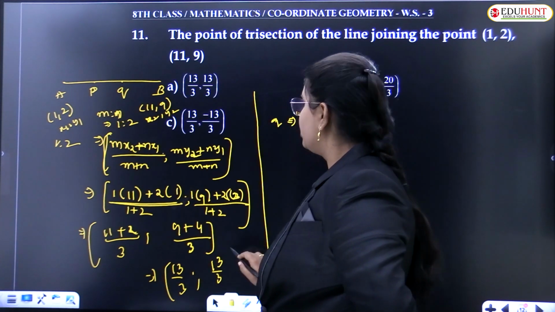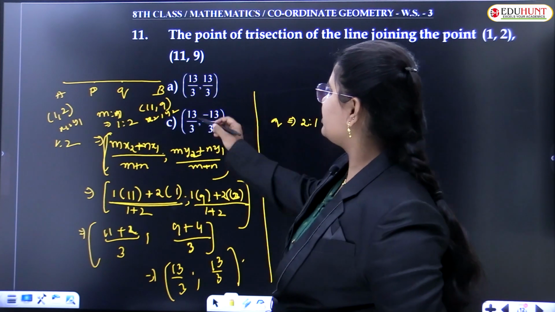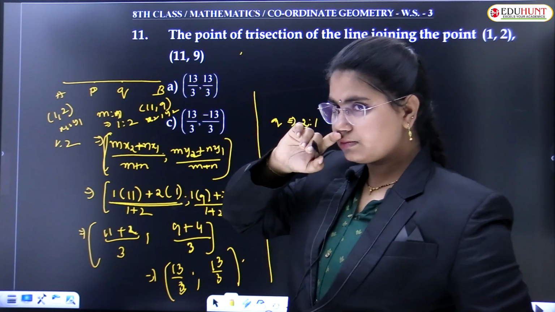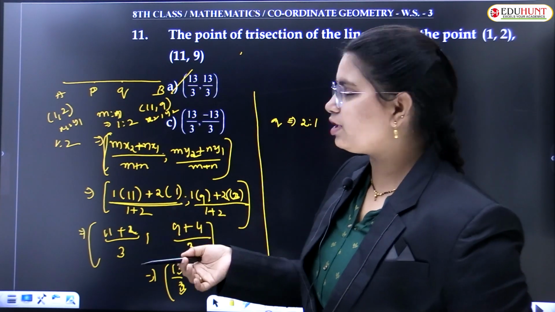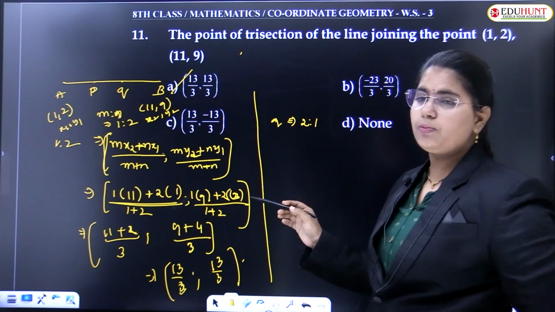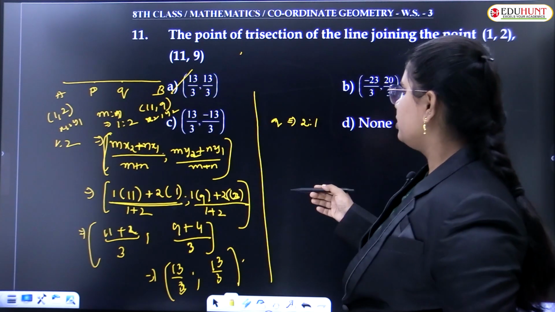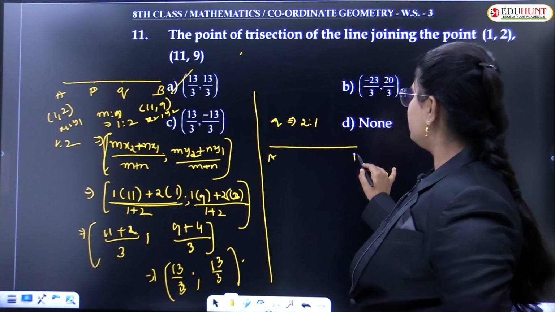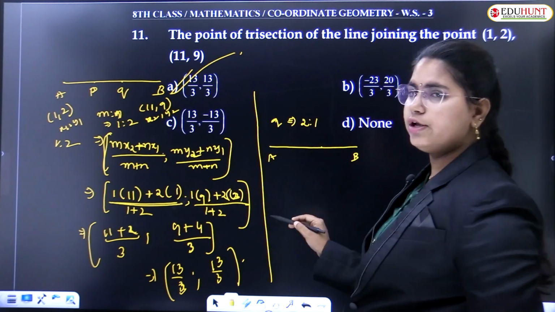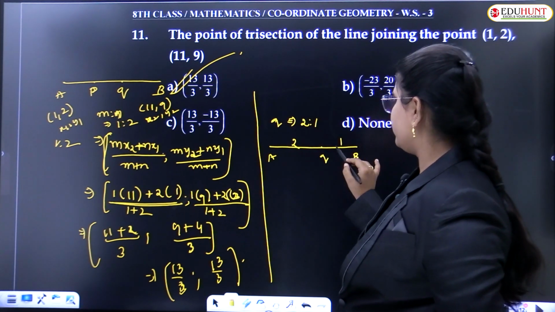So here you got 13 upon 3 by 13 upon 3. You can see in the first option. But let me check how this particular point Q is also dividing the line segment AB. So let's draw the diagram. This is my A, B, and my particular point Q divides AB in the ratio 2 is to 1, correct?